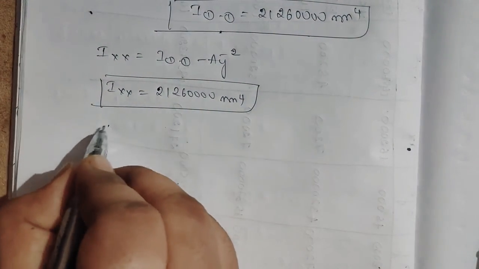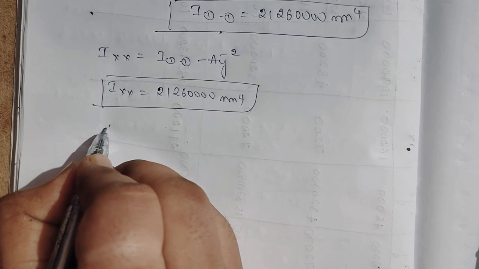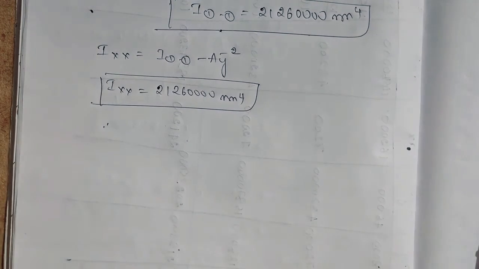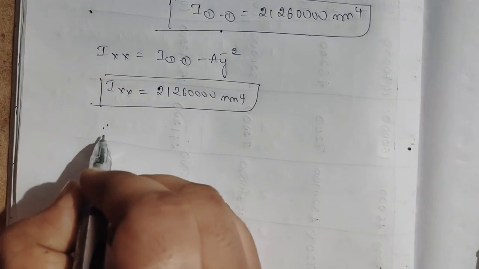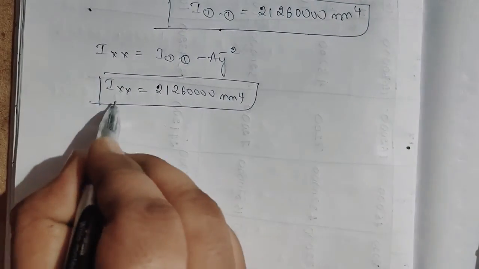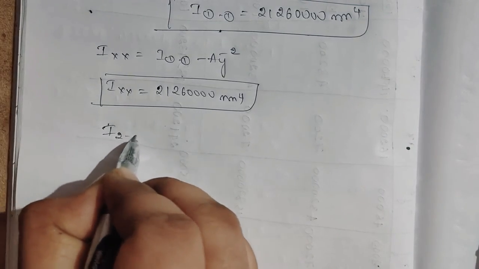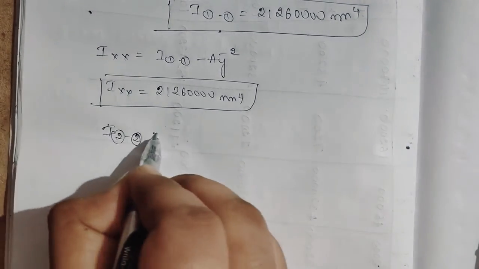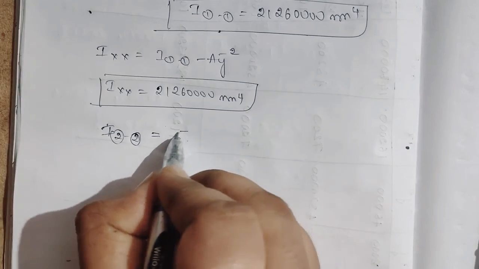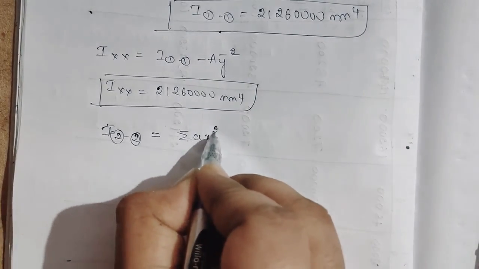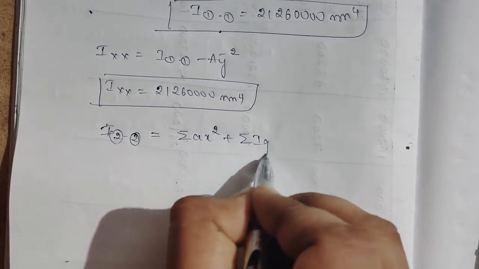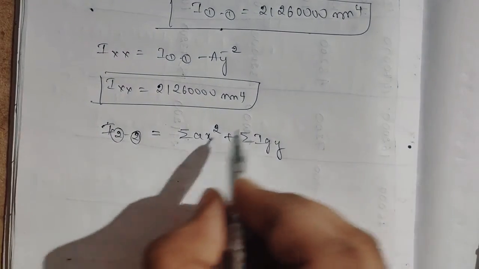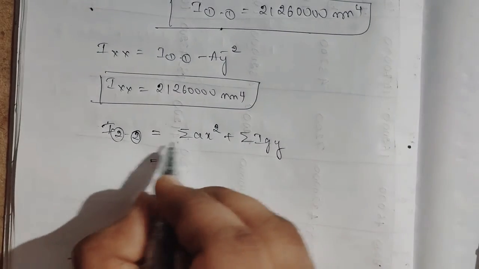Once you find the IXX, you find the IYY. To find IYY, I will take the moment of inertia about axis 2. So it will be sigma AX square, just the coordinate will be changed, plus sigma IGY. I already calculated it.